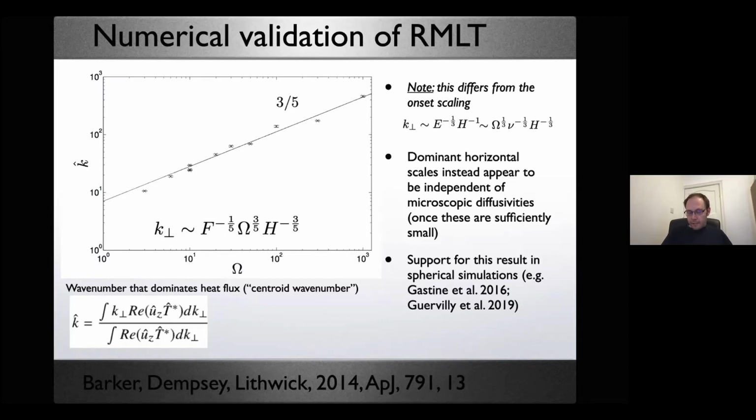What we're claiming here is that's not the relevant length scale. The relevant length scale instead is determined by a diffusion-free mixing length balance that I've mentioned already. There's some support for this in spherical simulations of convection by Tomaga Steen et al. and Celine Gavilli's simulations as well, if you make the extrapolation to the spherical problem for the results I've discussed.